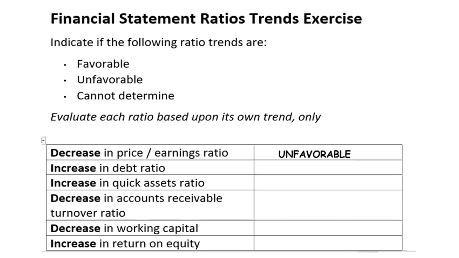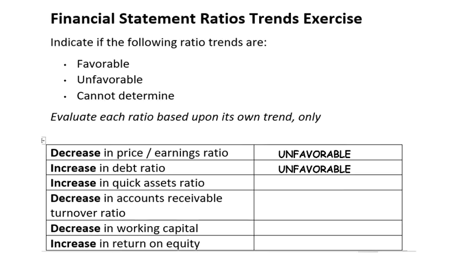Assuming that a company takes on a lot of debt, they do have to pay that debt back over time. And if the company suffers an economic setback and a decrease in their earnings, their revenue, they're going to be less likely to pay off any type of increased debt. So in this case, an increase in the debt ratio would be unfavorable.